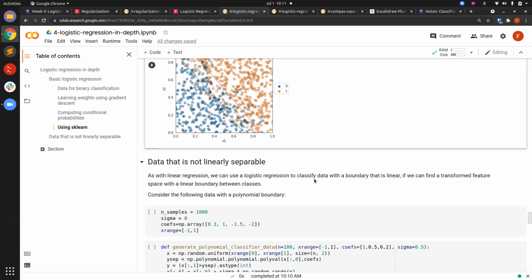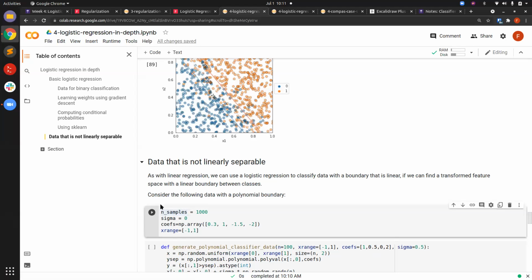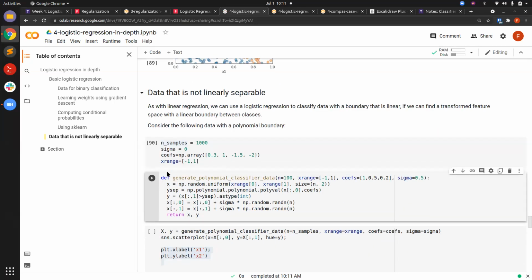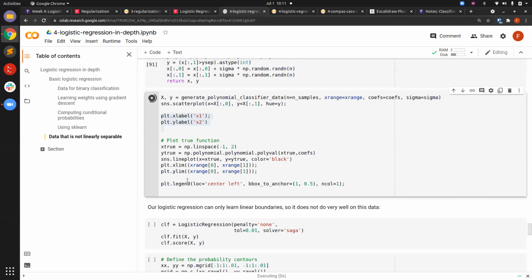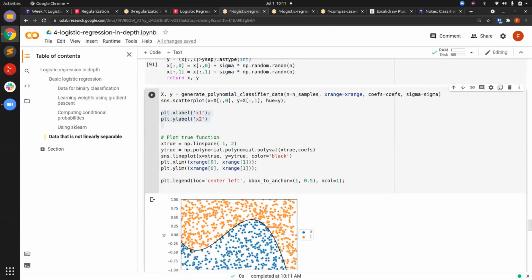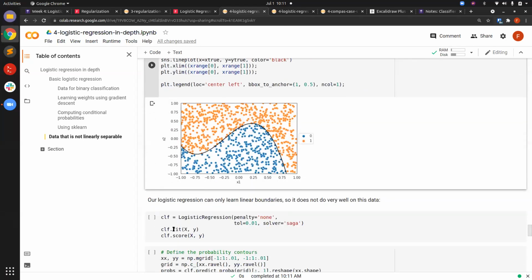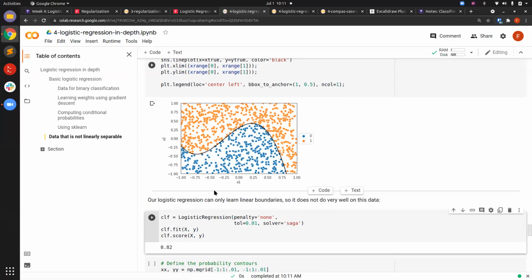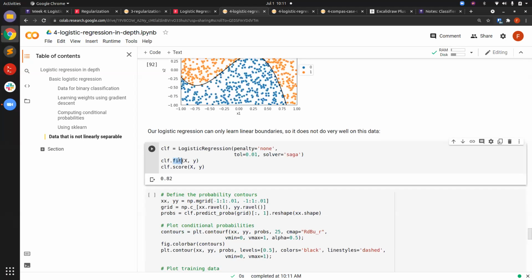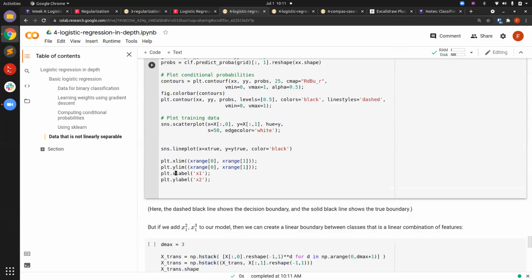The same thing applies to logistic regression. So here I'm going to produce some data with a polynomial true decision boundary. This black line is the true separating line between the classes. Now, if we fit a logistic regression, you can see the score function, which computes the accuracy, shows it only has 80% accuracy, 82%.